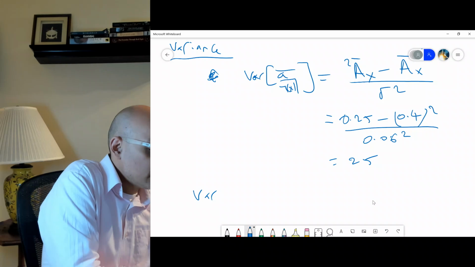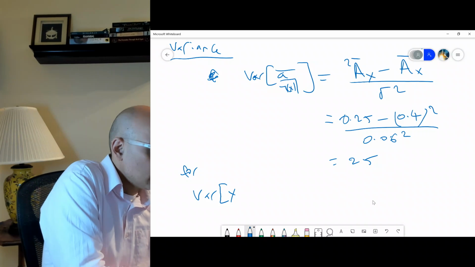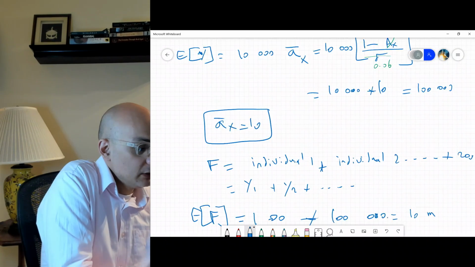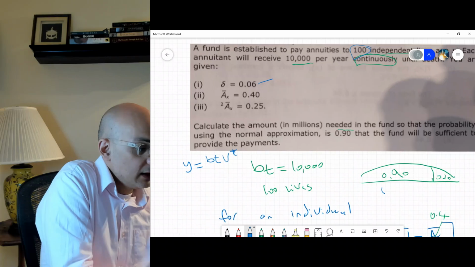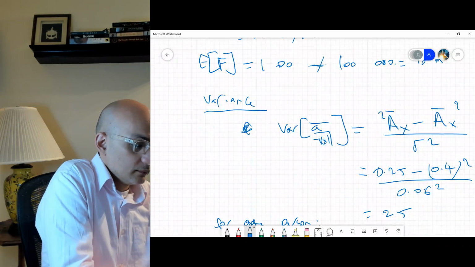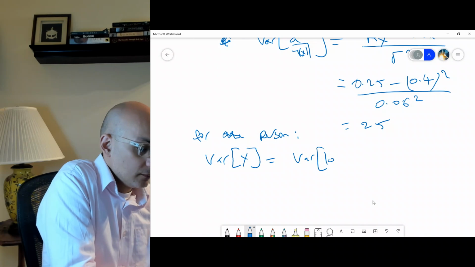Now the variance of Y, one individual, will become the variance of the benefit amount, which is 10,000, and ATX.